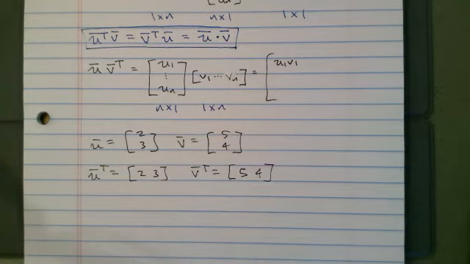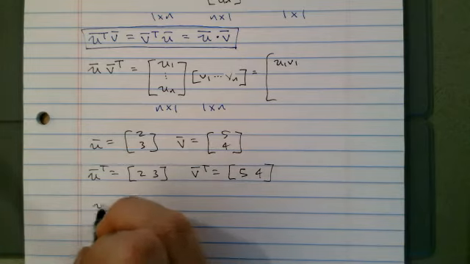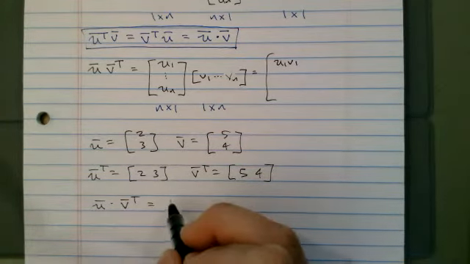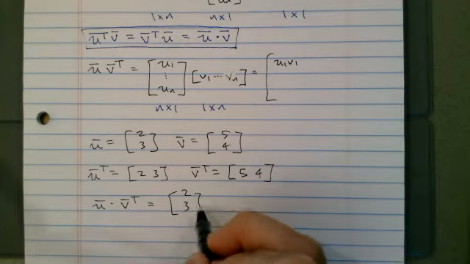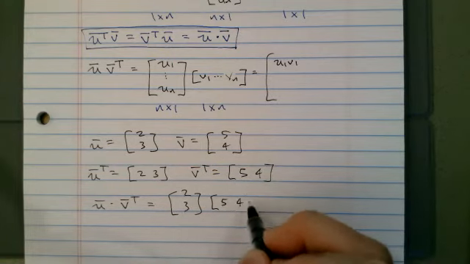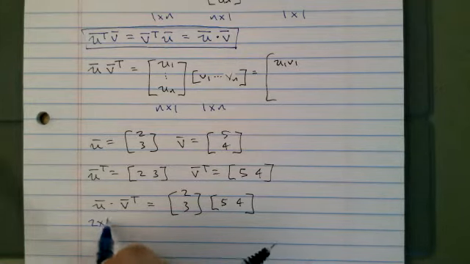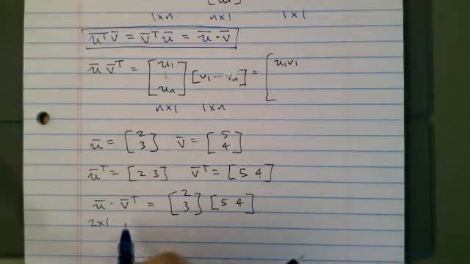So if I want to do U times V transpose, is this even defined? U is 2 by 1, and V transpose is 1 by 2. So we should be getting a 2 by 2 matrix.